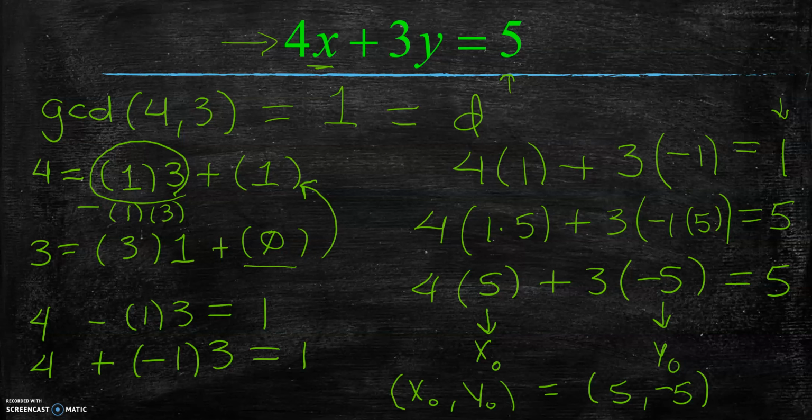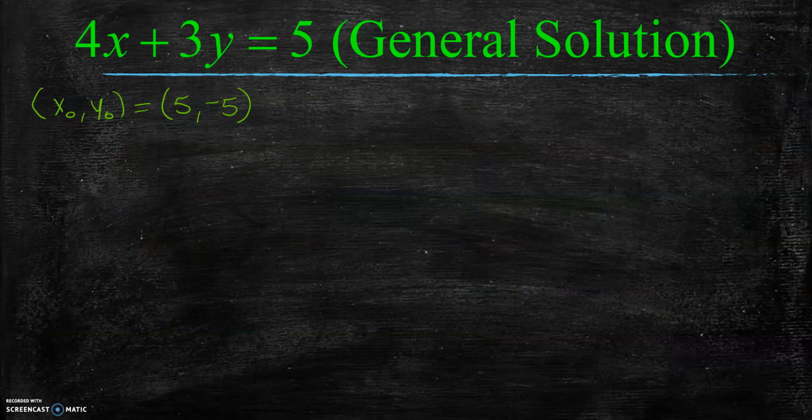But we're not done yet because we want to find the general solution to the linear Diophantine equation 4x plus 3y equals 5. To find this general solution, we are going to use the following two formulas. For x, we're going to use our x value in the particular solution, which is x0, plus b over d times t.